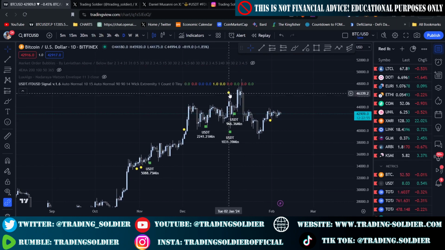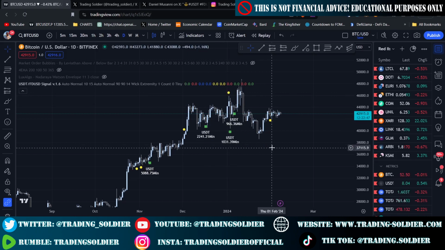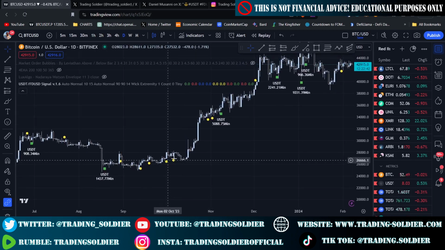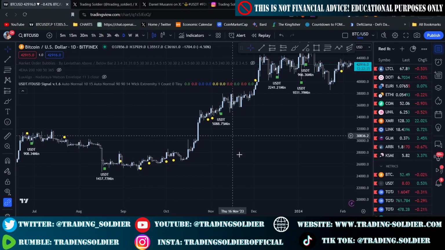So when you see a DXY signal in the upper part of the candles of the price, this usually signals a trend change into the short side. And when you see the yellow dot below the price, it oftentimes signals a pump, a trend change into the long side of the price.